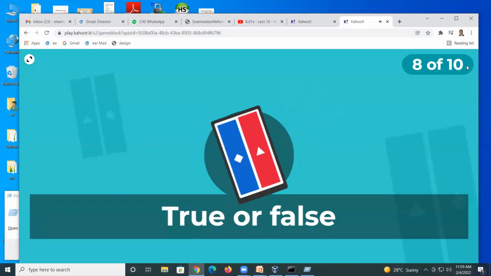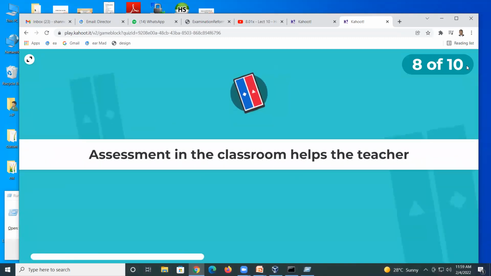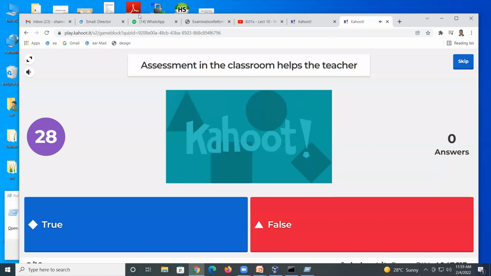Very fine. The eighth question: true or false? Whether assessment helps the teacher or not.